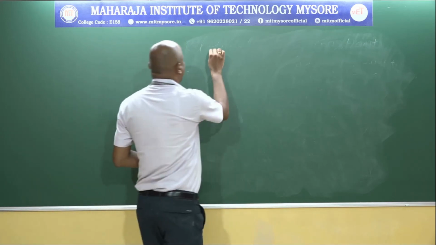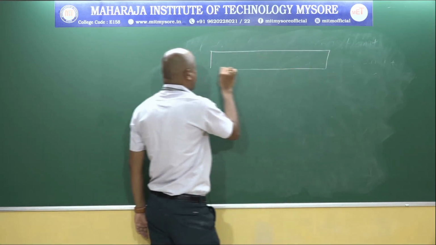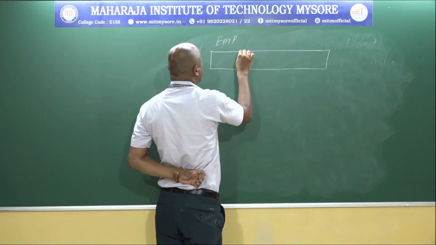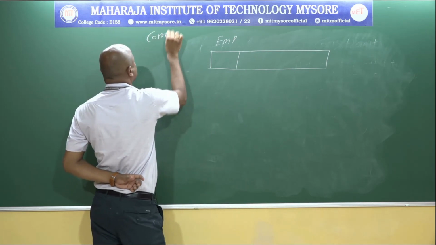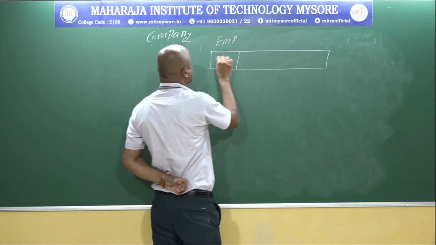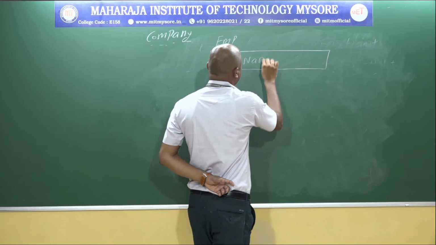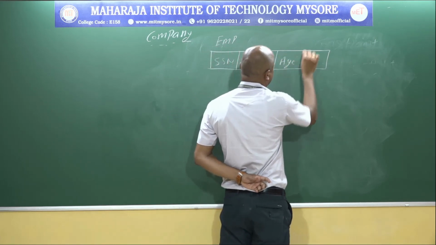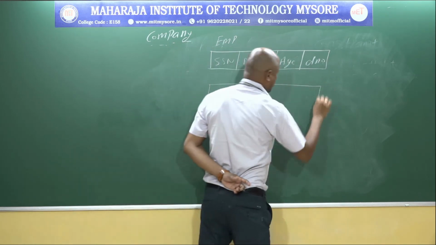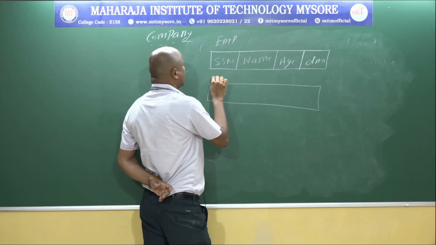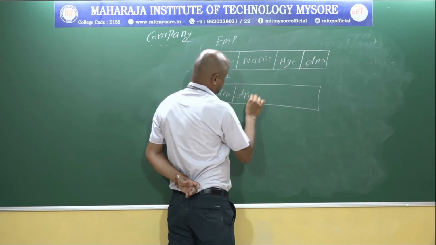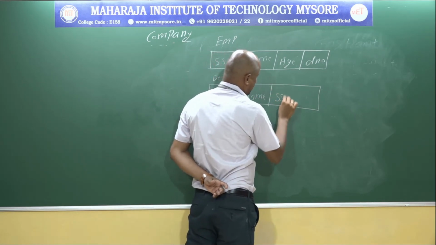So here, as I told, I go for a company database schema. One table is employee: SSN, name, age, and D number. Then I have department: D number, D name, SSN.